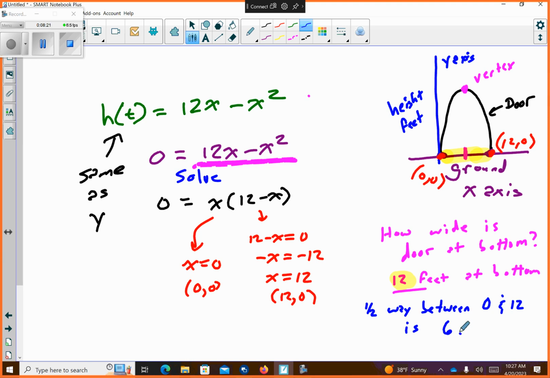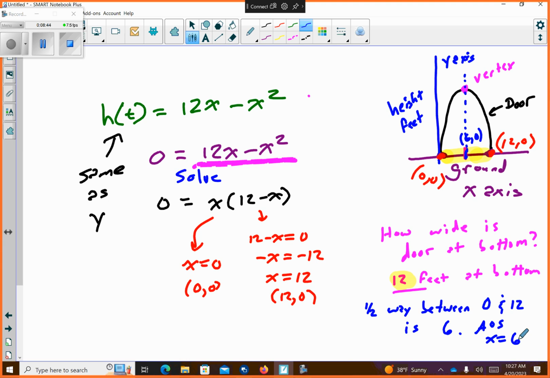So 6 is probably our axis of symmetry. So this point here is 6, 0 right here. That's where our axis of symmetry lives. Remember, the axis of symmetry includes the vertex. So my axis of symmetry is x equals 6.